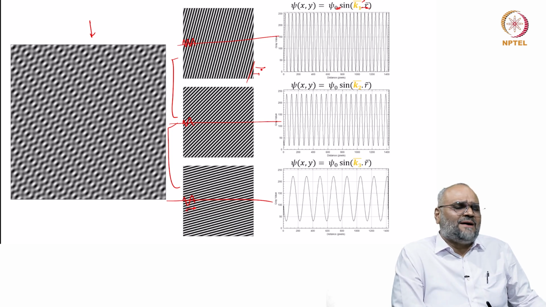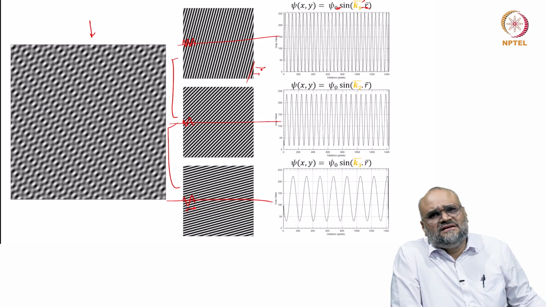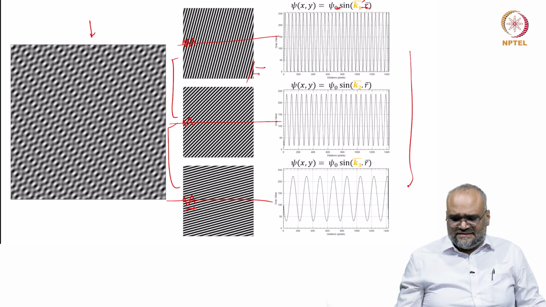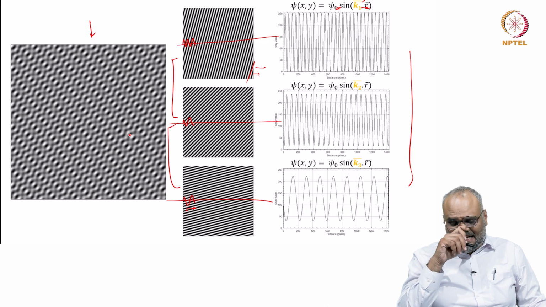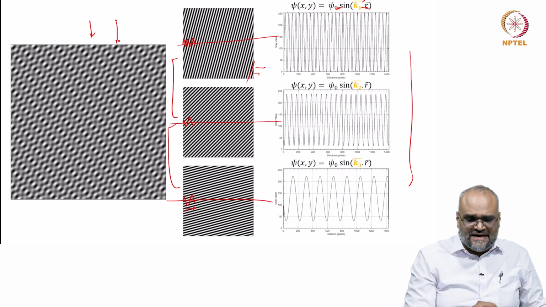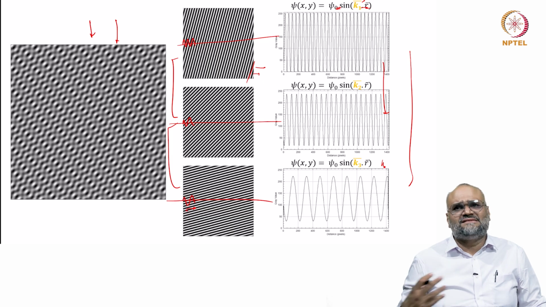And why am I showing this is, any image you record in a transmission electron microscope can be decomposed into these kind of components, and when I take a Fourier transform of this, I can actually switch from the spatial domain here to the frequency domain here. And how does this appear?